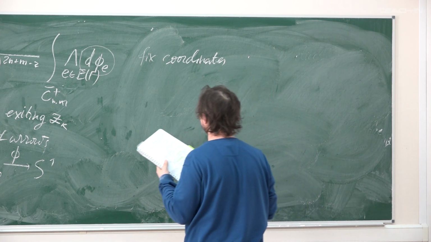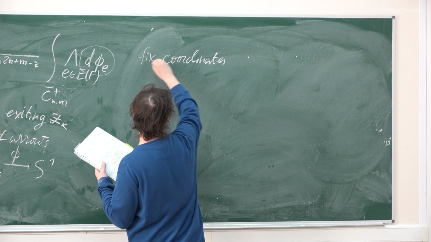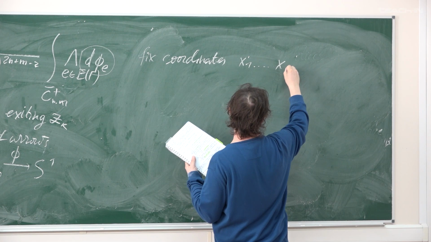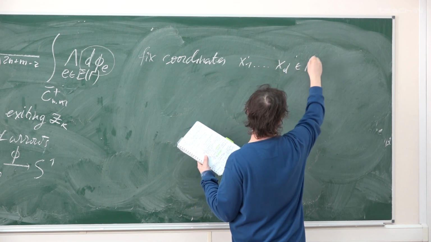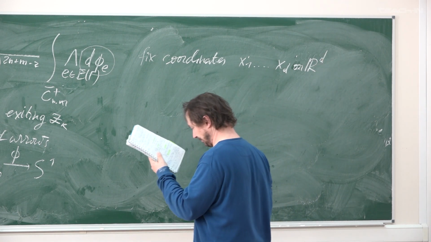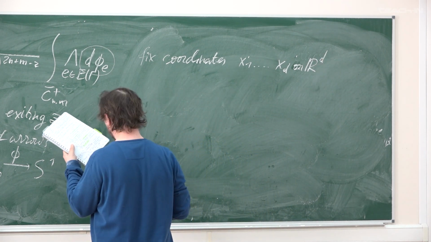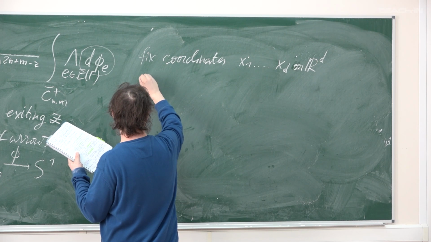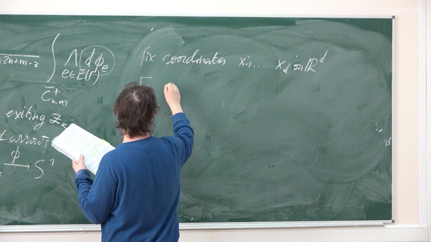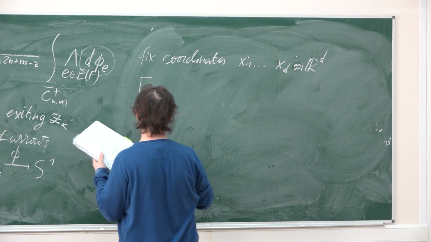It's inevitable. So we fix the coordinates x1, ..., xd on Rd. Suppose we have a graph gamma of the form which I prescribed.